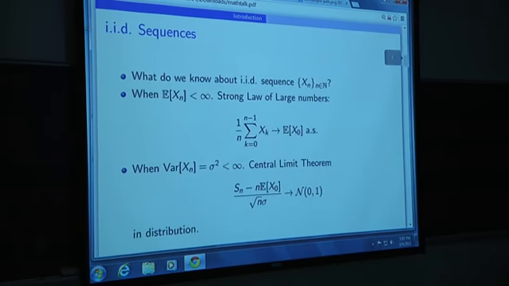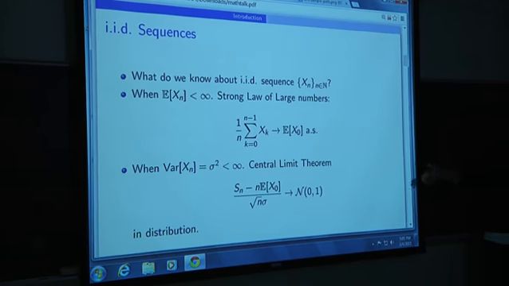So first, since I defined this particular random walk as the sum, well, a random walk is a sum of IID sequences, but this particular one goes either 1 or -1. What do we know about IID sequences of random variables?